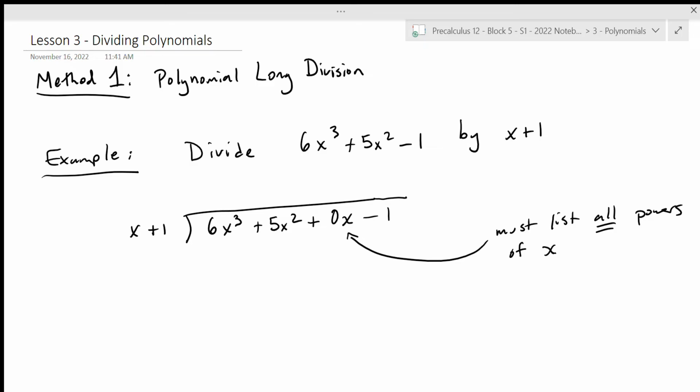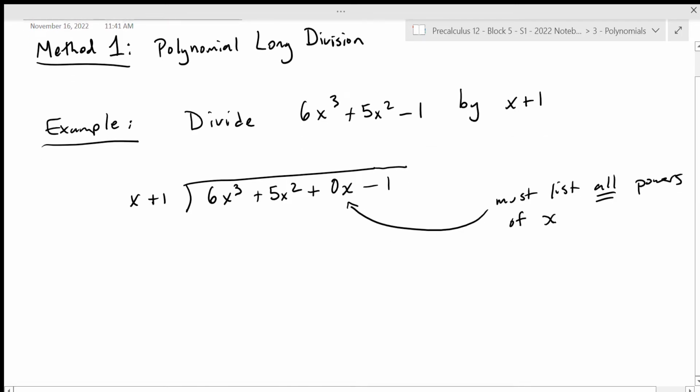Okay, so what we're going to do is look just at this first number, the x, and ask ourselves the question, how many times does x go into the first term? Where x times what equals the first term? Well, 6x cubed divided by x gives us 6x squared.